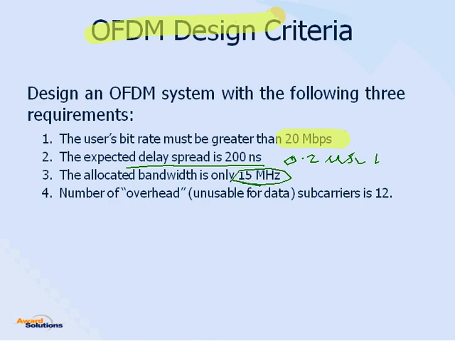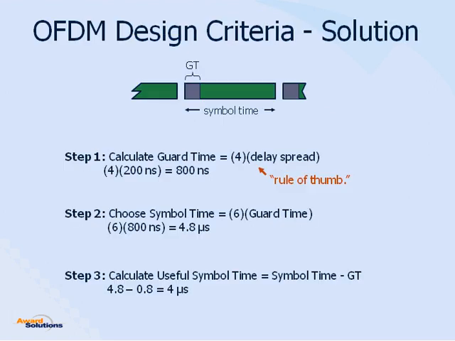The bandwidth available to us is 15 megahertz. But there are some subcarriers we cannot use. So 12 we cannot use, because they are for some other purpose. And by the way, this is for 802.11, because we want to just understand the design philosophy. But I will give you some LTE specific parameters later.